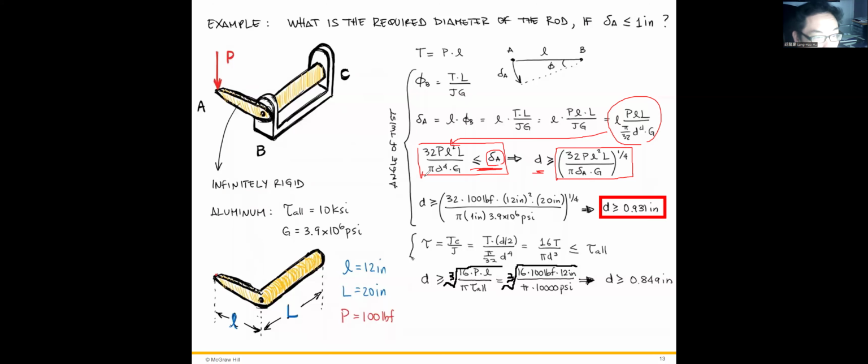Then we plug in all those numbers: 100 pound, 12 inch, the length is 20 inch, pi, delta A that we defined at the very beginning is 1 inch, and times the polar moment of area, oh sorry, times the shear rigidity of aluminum.